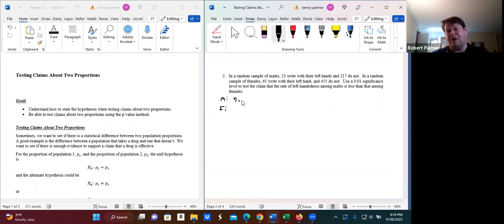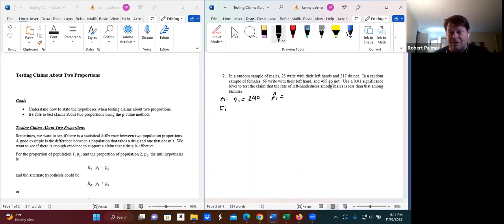All right, once again, let's take a look at our data for males and females. Our number of males, let's call it N1, doesn't matter. So it's 23 plus 217, and that should be 240. Yeah, so the number is 240. And then we have the proportion 1.